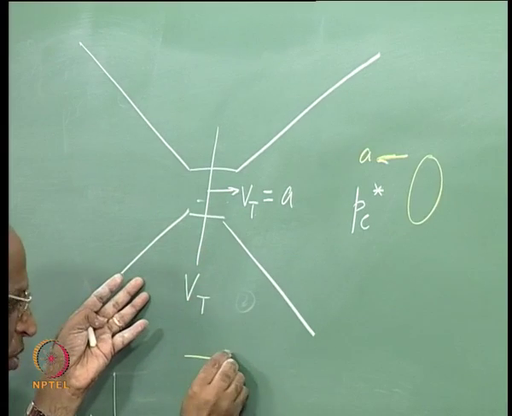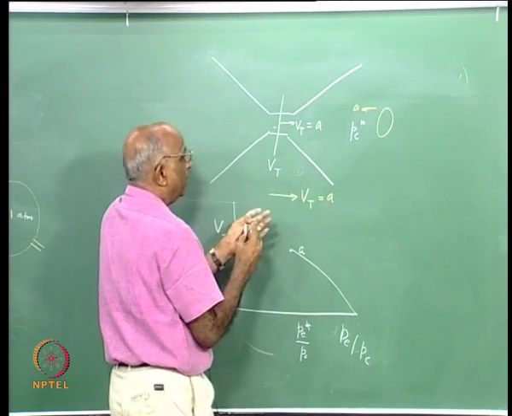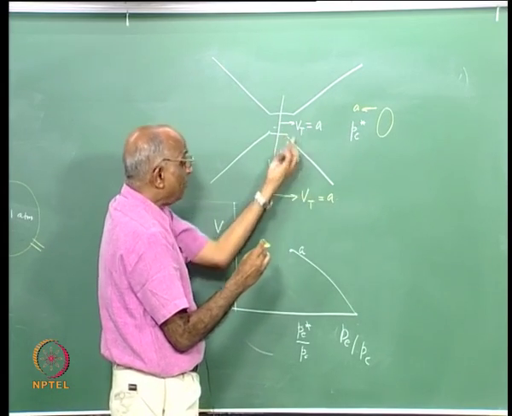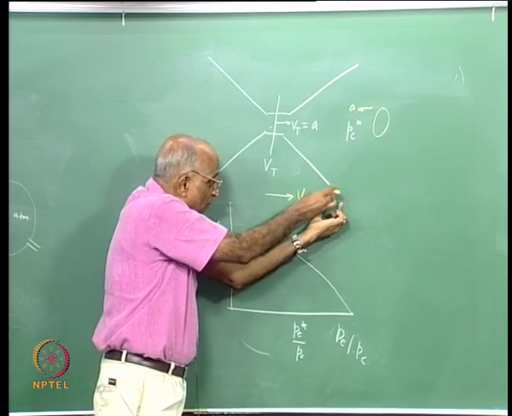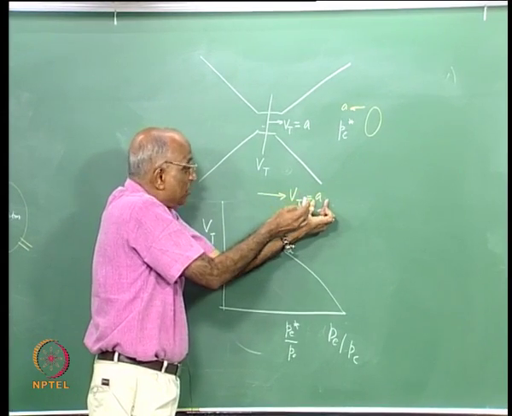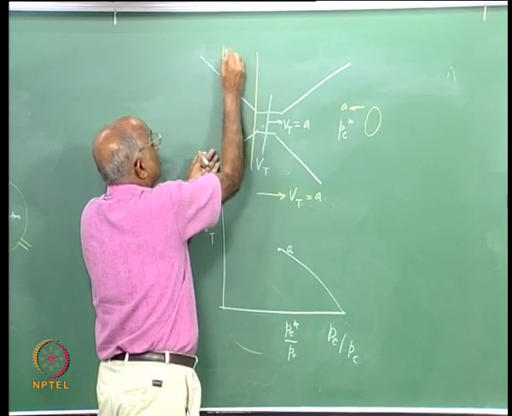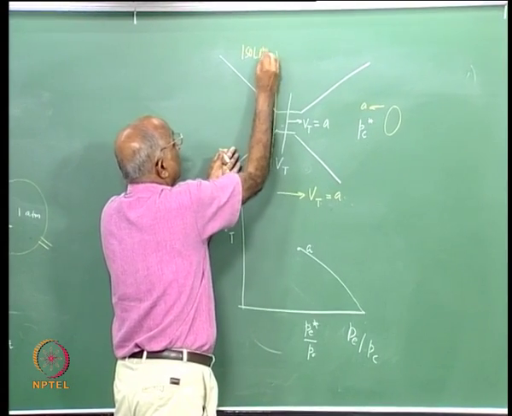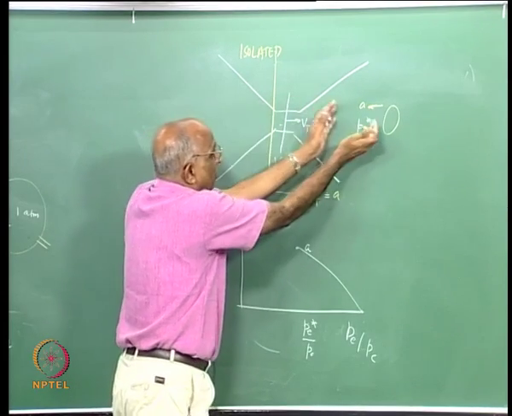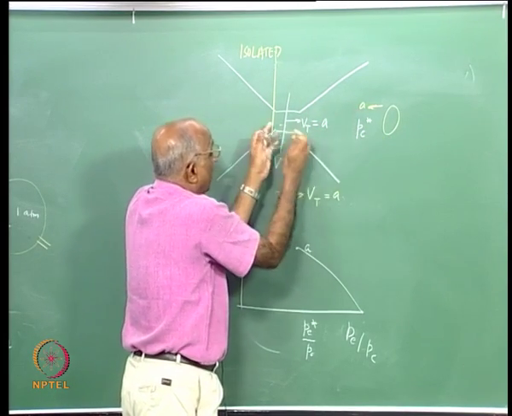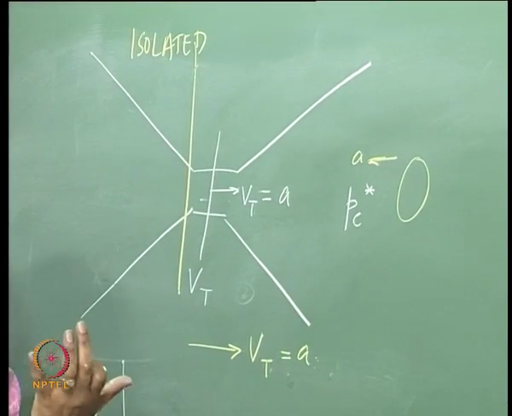But if the gas is now flowing at a velocity Vt, which is equal to the sound speed, the information cannot travel because the gas is flowing against it at the same speed, and therefore no information can flow here, and this becomes isolated. The chamber cannot get any information of the reduced pressure here when the flow speed is A, because information or disturbances travel at the speed of sound.